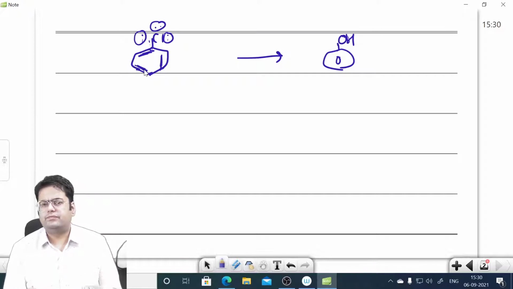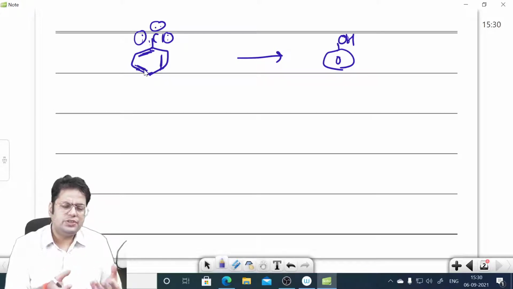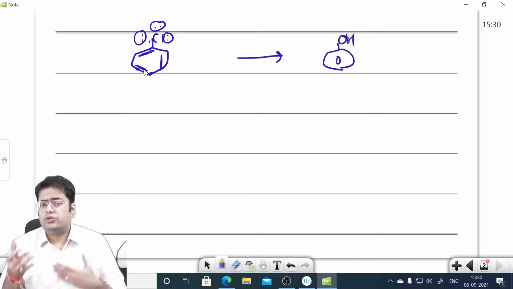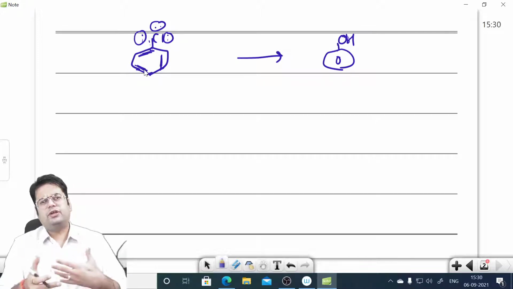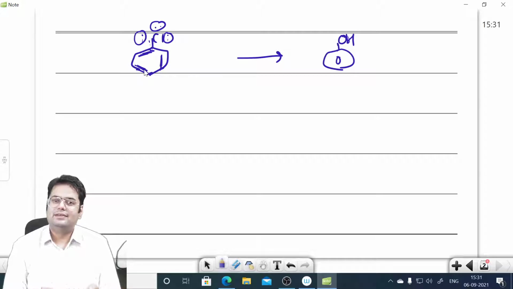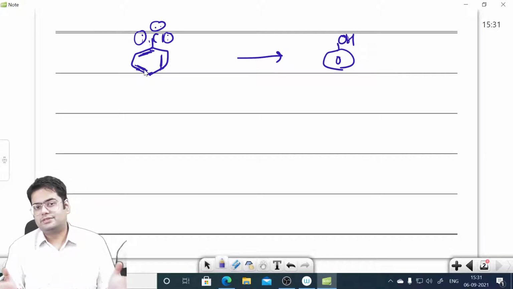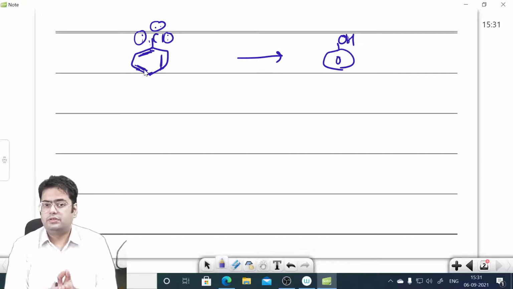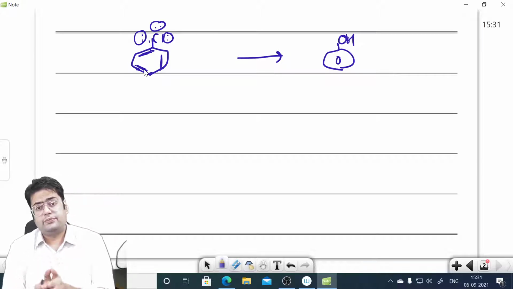Benzene ring itself is a species with high electron density. So there will be a strong repulsion between the incoming nucleophile and this benzene ring. So these are the two hurdles. So generally, benzene ring does not show nucleophilic substitution reactions.